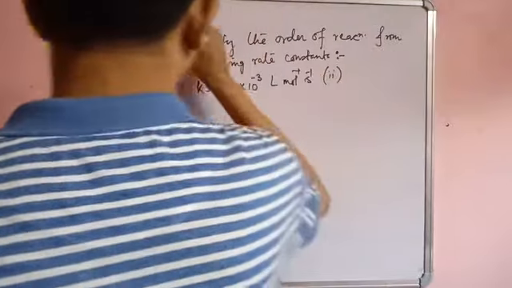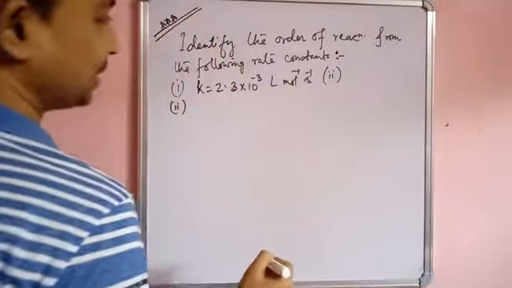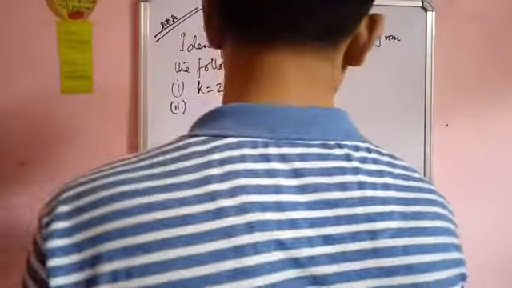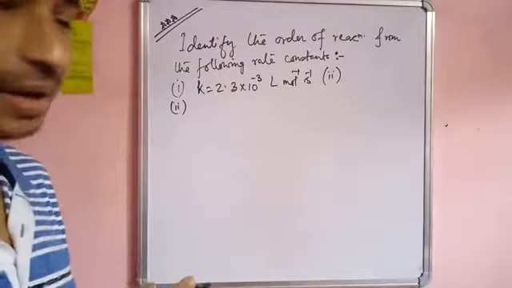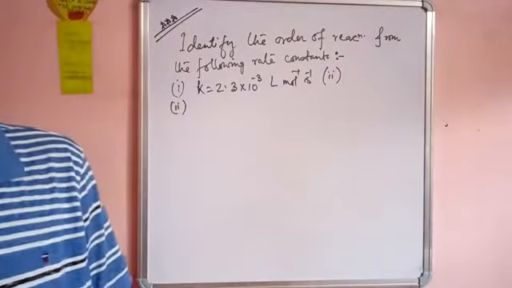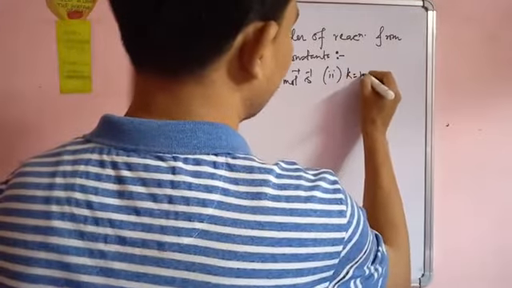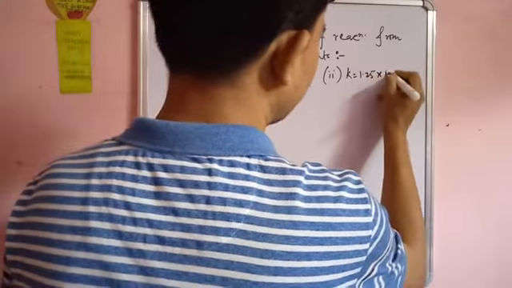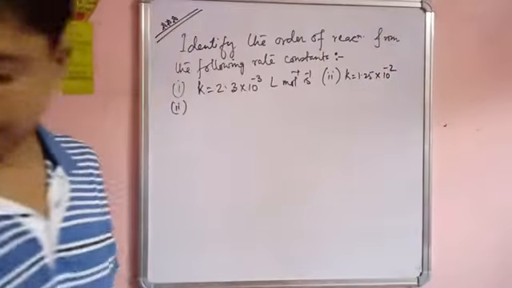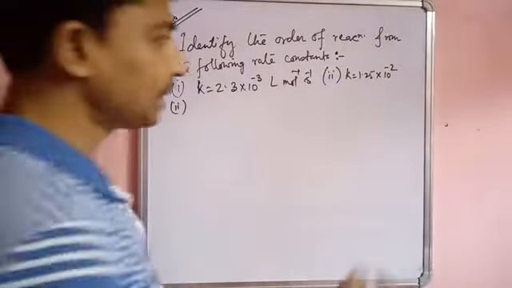So far as your final exam is concerned, this type of question is very important. The next question is k equal to 1.25 into 10 to the power minus 2 per second, only per second.